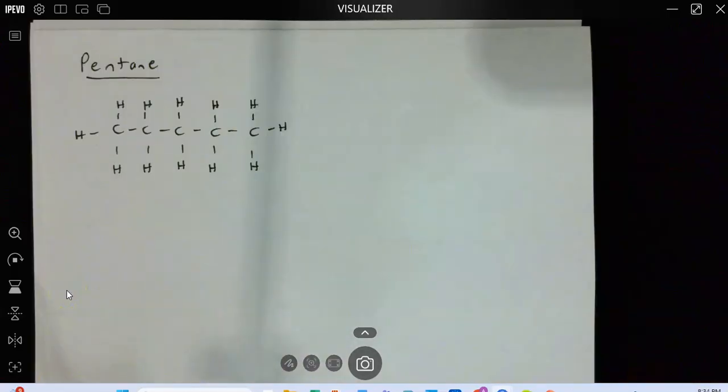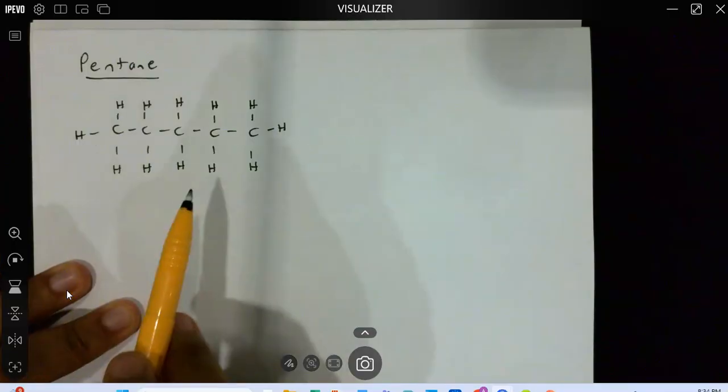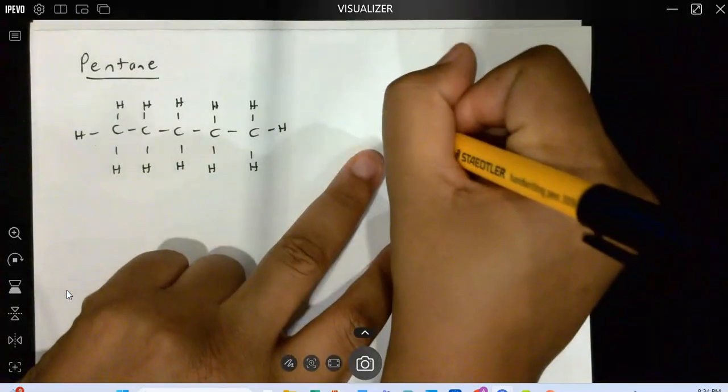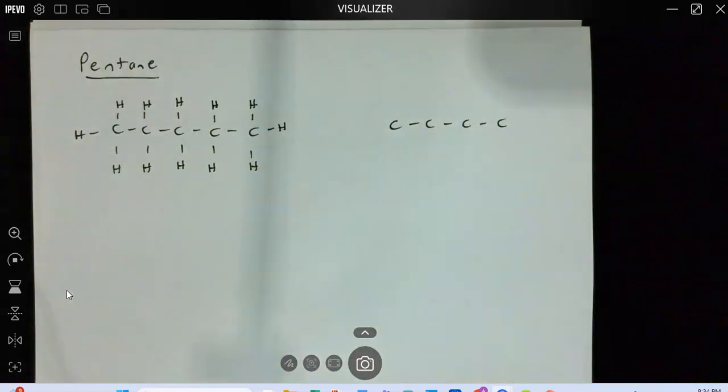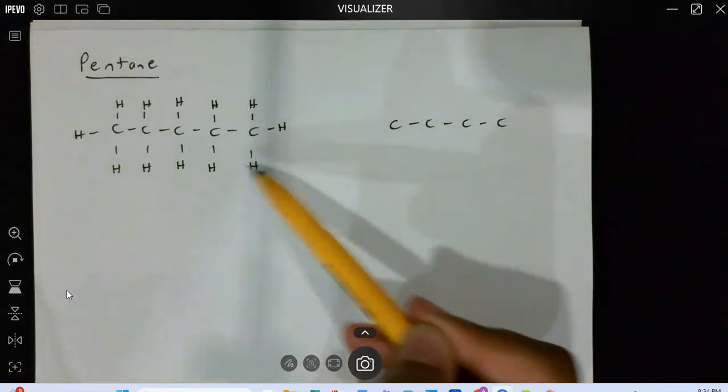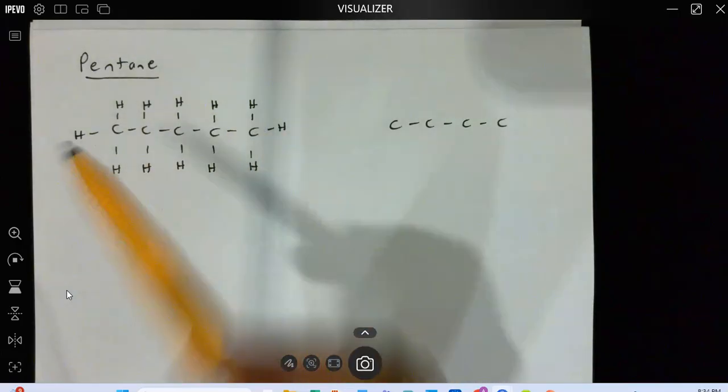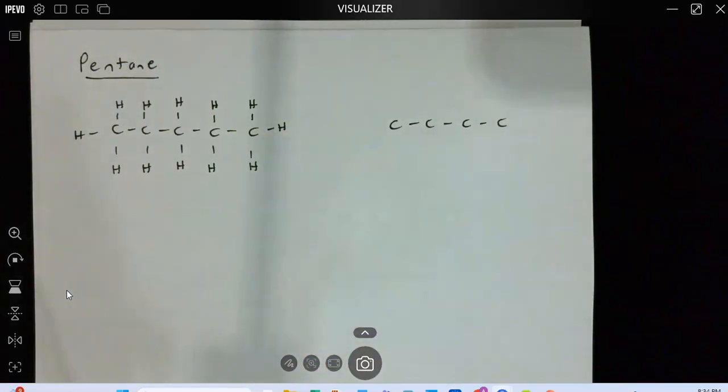The second question wanted us to draw the isomers of pentane. I've drawn pentane in for us, so we've got that already. I know immediately I've got to have only 4 carbons in the chain, because if I take this carbon here and bring it on the end, it just will remain pentane. It doesn't change.